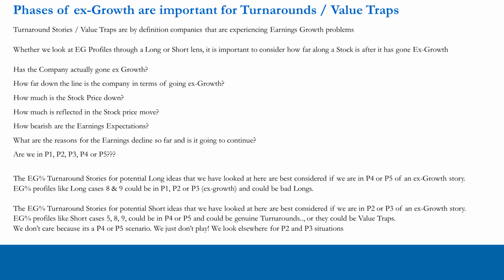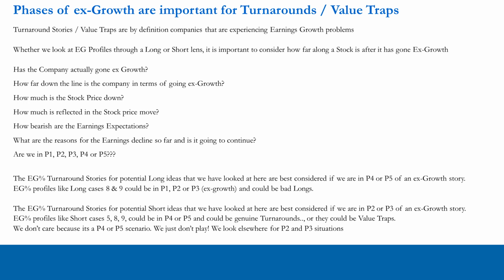So whoever ends up buying those stocks and getting sucked into the turnaround story could end up having a bad position and lose money because they may never deliver on the forecasted EPS and EPS growth turnaround. So they could be value traps and longs could lose money. But we don't care. We are looking to optimize not just on long positions, but also on short positions.